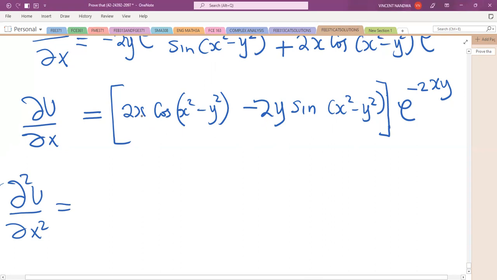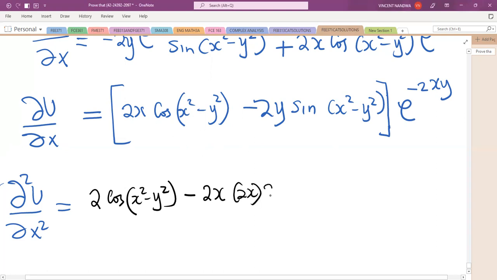So u prime, differentiating this one, also this part I have to use the product rule twice. So this will give me 2 cos of x squared minus y squared, and then plus, but there will be a minus because I have to differentiate this one. So it'll be 2x, the derivative of this part, and then times this 2x, and then the cos function will differentiate to give the sine function.